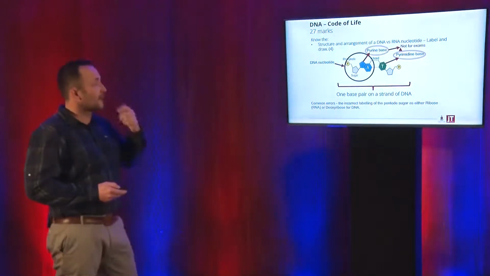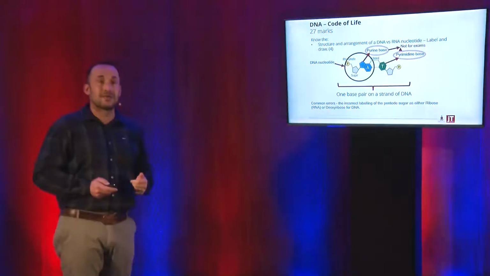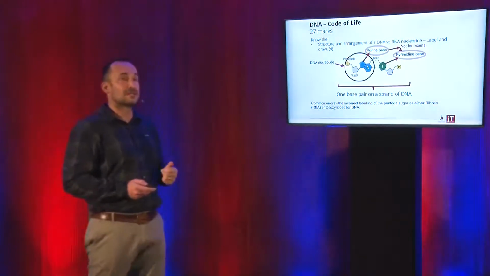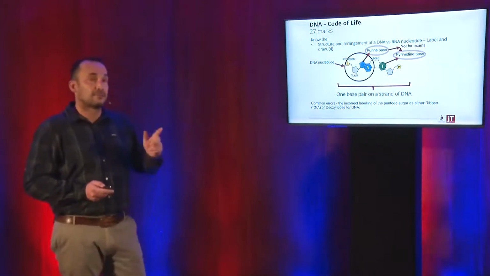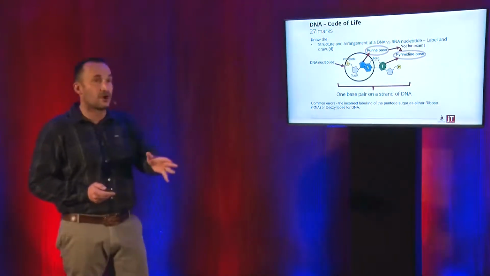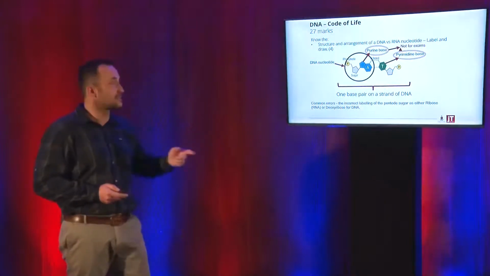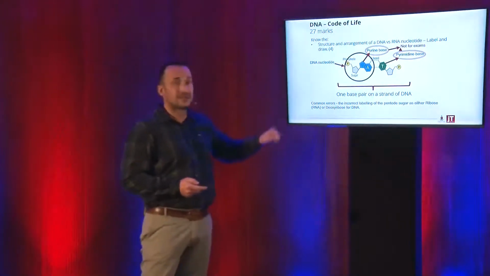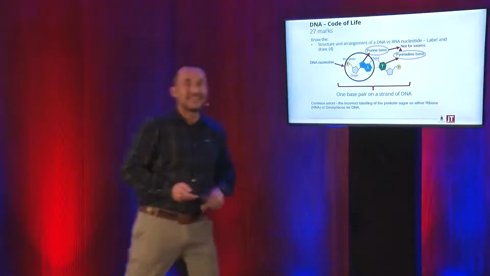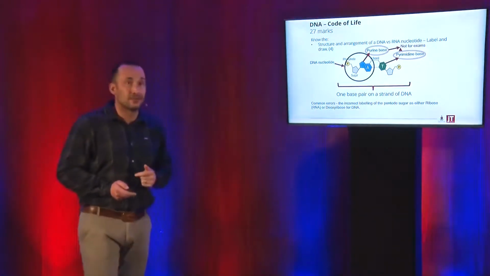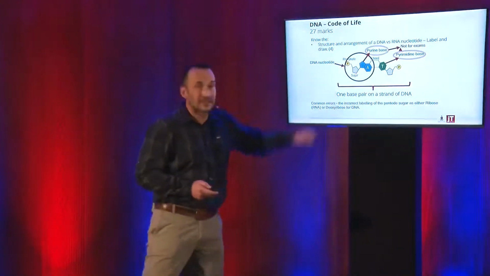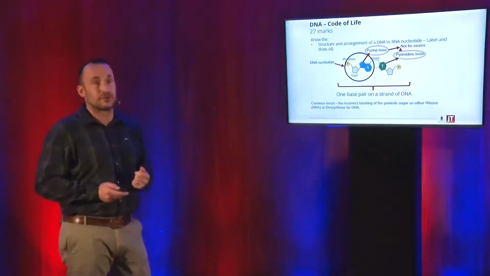Okay. Now, one of the most common mistakes when drawing one of these nucleotides is if you're asked to draw a DNA nucleotide, the biggest difference between DNA and RNA in terms of the nucleotides is that in a DNA nucleotide, my pentose sugar is a deoxyribose sugar. In an RNA nucleotide, this pentose sugar is simply a ribose sugar.